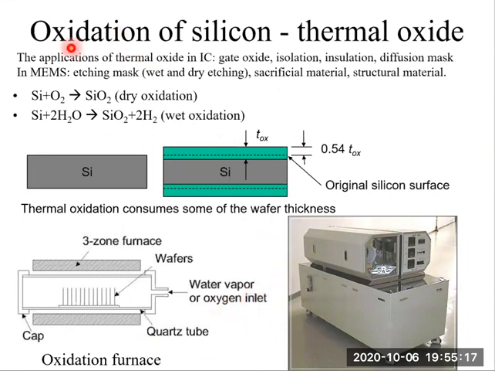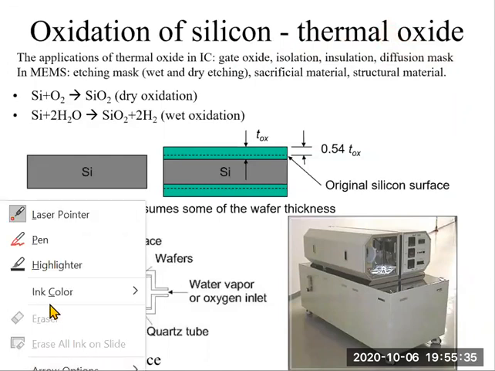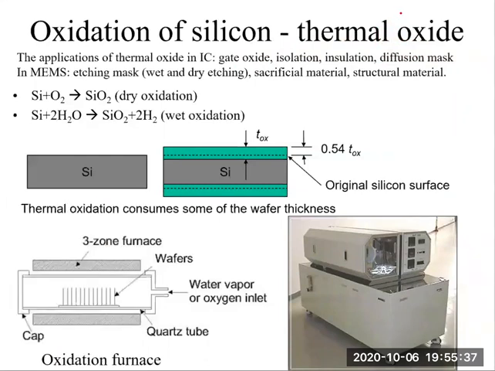Okay, next let's discuss oxidation of silicon, right? Thermal oxidation of silicon. This is a method we use to grow thermal oxide, to be more specific, thermal silicon dioxide.